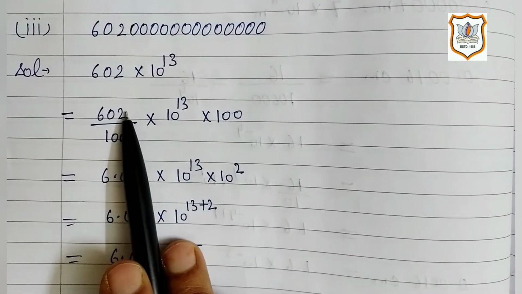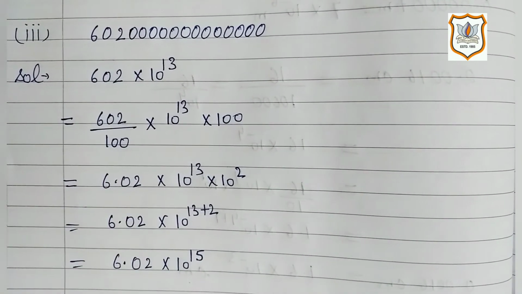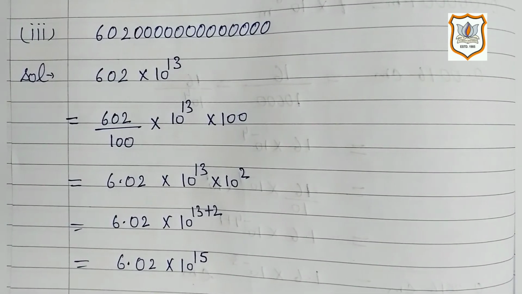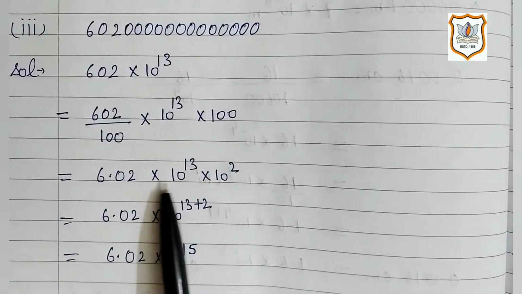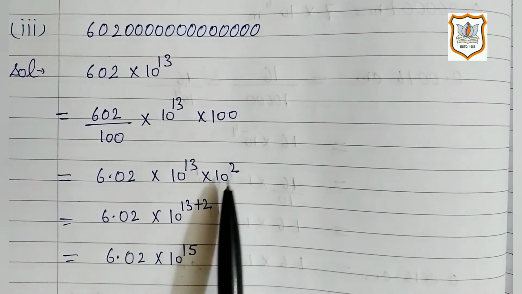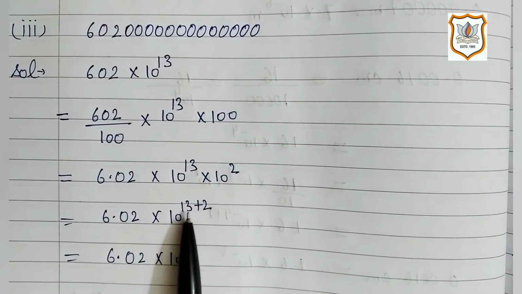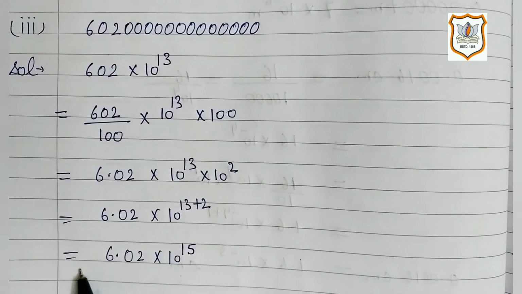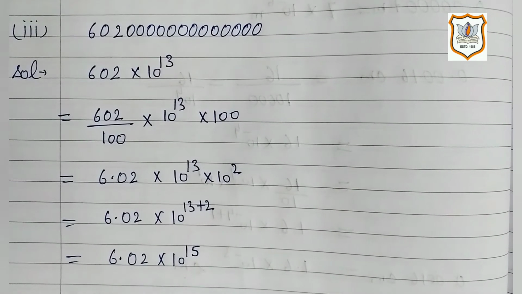We write 602 upon 100 as 6.02, so that only one non-zero digit is before the decimal point and all the rest of the digits are after the decimal point. So we write 6.02 multiplied by 10 to the power 13 multiplied by 10 to the power 2. We write 100 as 10 to the power 2. 6.02 multiplied by 10 raised to power 13 plus 2 is equal to 6.02 multiplied by 10 raised to power 15.